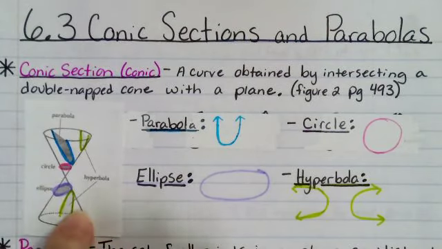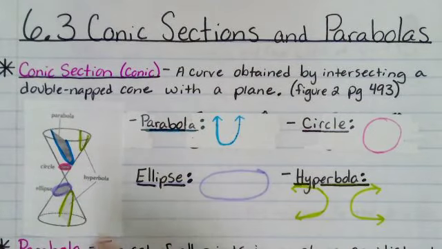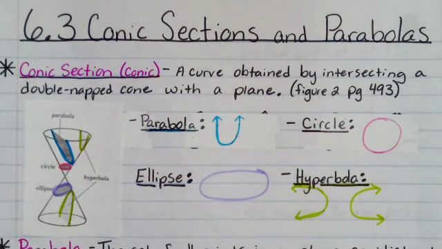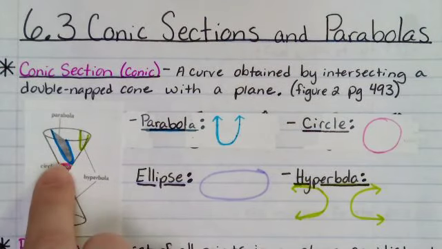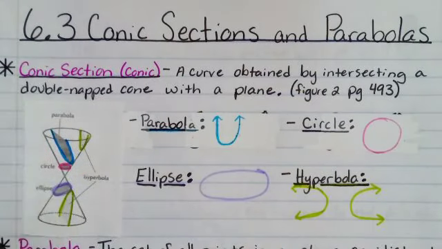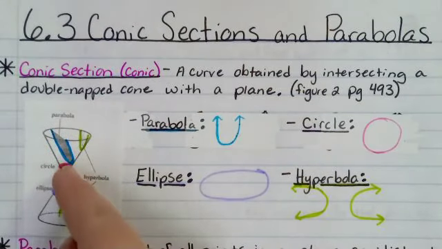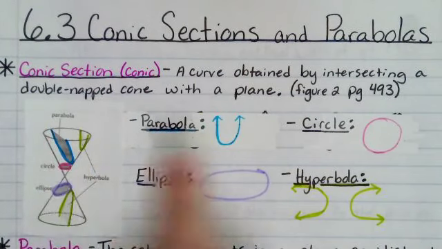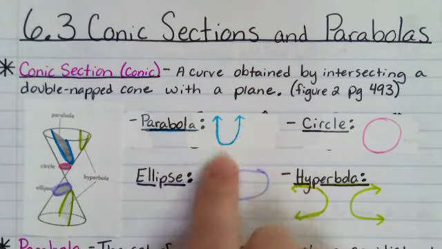This is what I mean by a double-napped cone. We have these two cones that are end to end, and they make this interesting relationship that we're able to get a lot of properties from. If you were to slice that with a plane, straight through here, going at this angle, then the way that plane hits that cone is it hits at this parabolic type of shape.